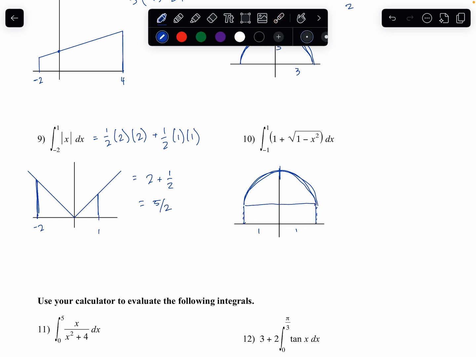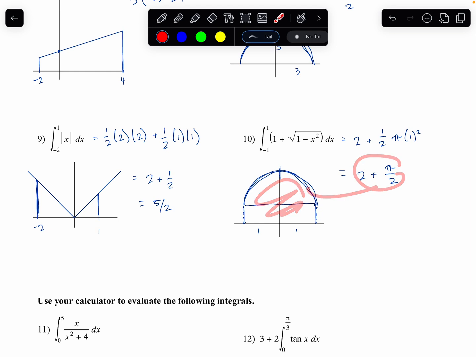And so the area is going to be equal to 2 because that's the area here, and then plus 1/2 of pi times r squared. So it's going to be equal to 2 plus pi over 2, plus, not equal to. But yeah, that's going to be the area here, which is also the area of that integral right there.